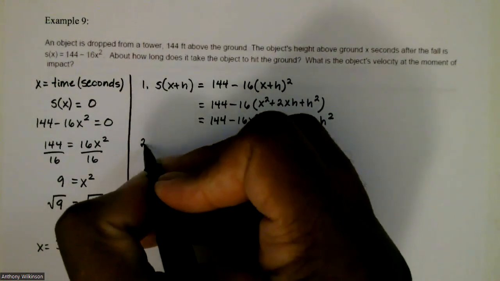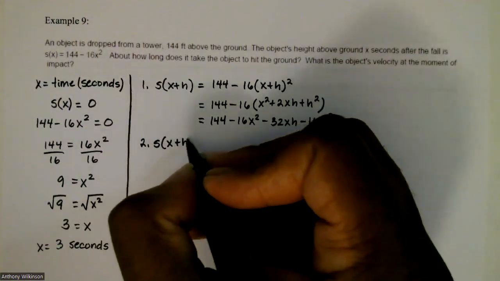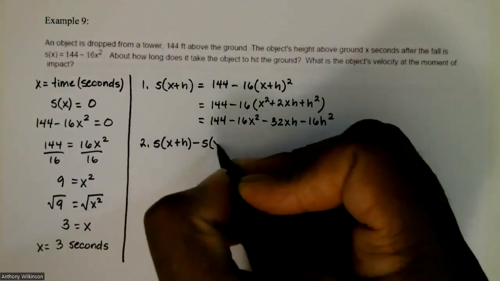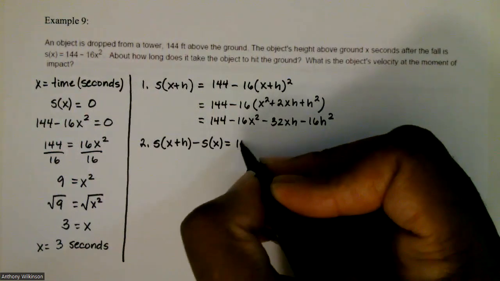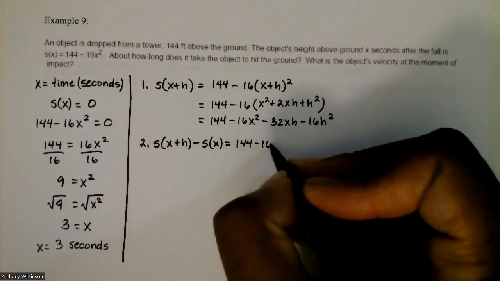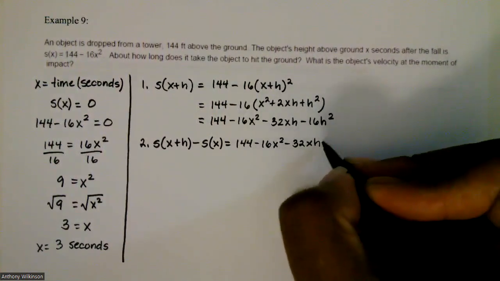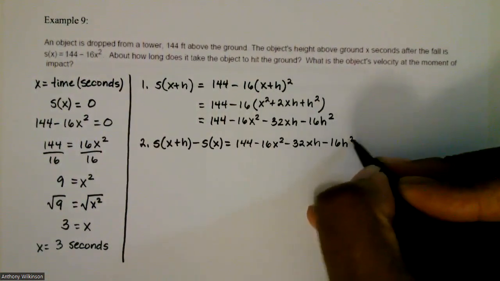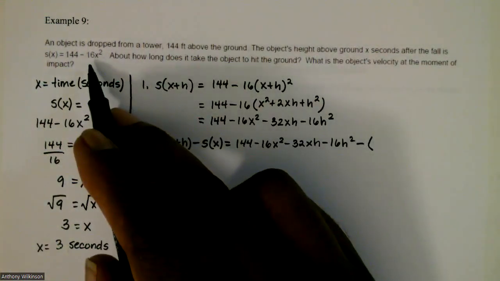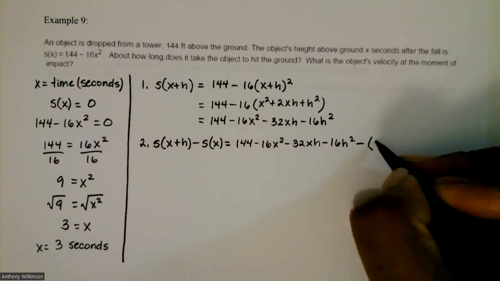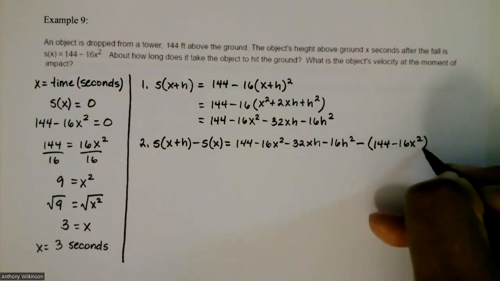Step number 2, subtract: s of x plus h minus s of x. So s of x plus h was 144 minus 16x squared minus 32xh minus 16h squared, minus s of x, which was 144 minus 16x squared, and that's going to be in parentheses.